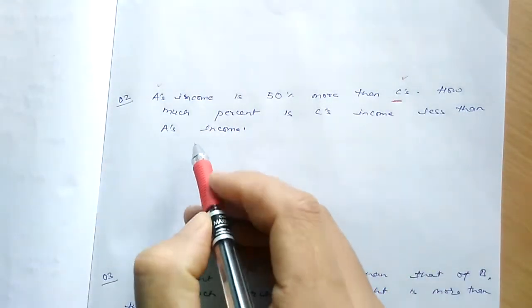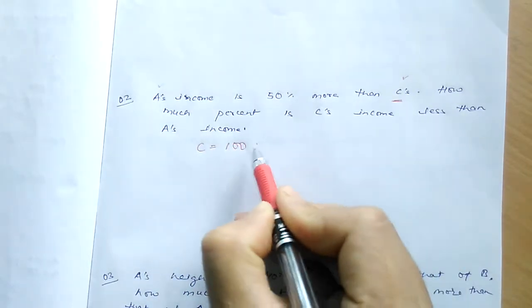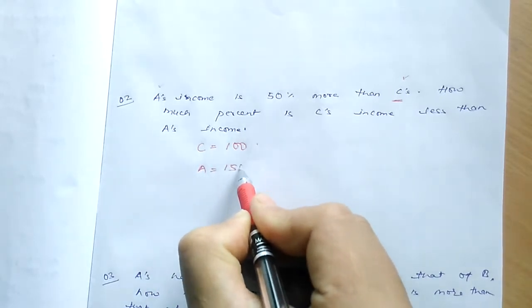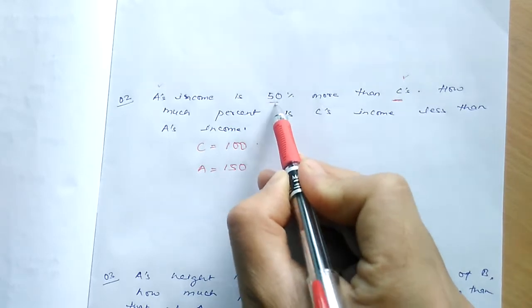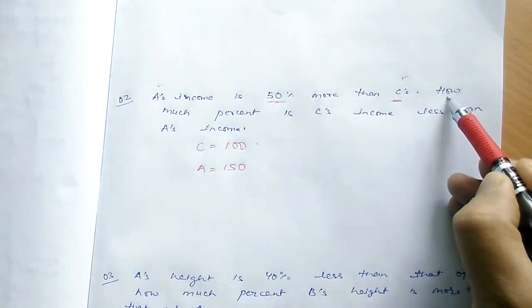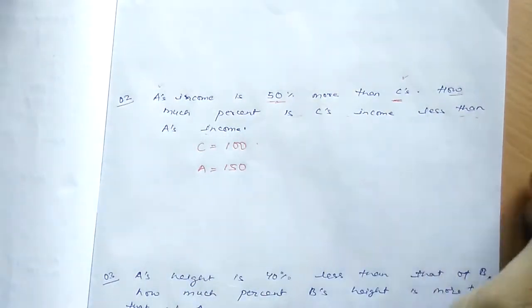So in this case also we'll assume C to be 100. If we assume C is 100, we'll get A as 150, because A's income is 50 more than C's income. So the question now is, how much percent is C's income less than A's income?